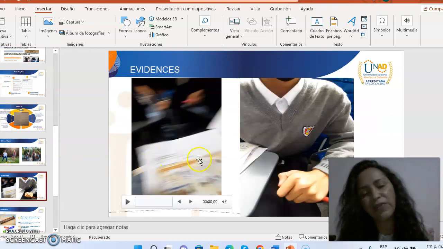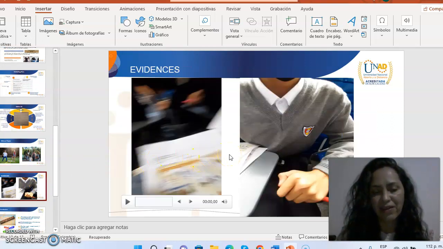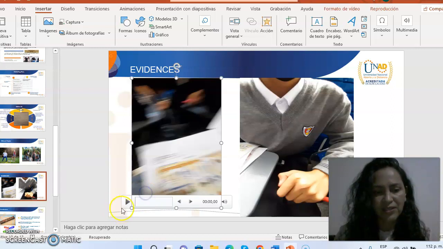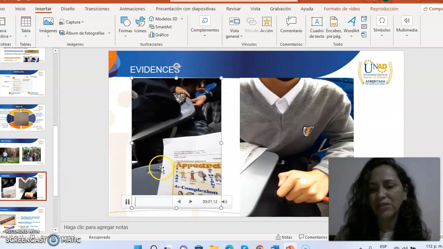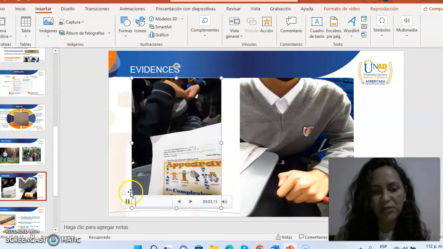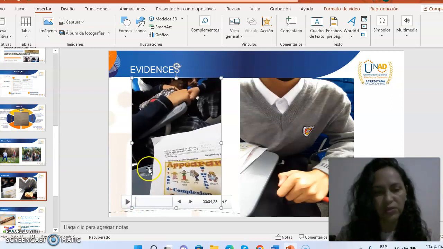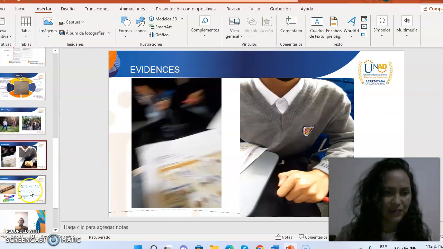Here in this part you find different evidence, but it's possible that you heard or listened to this audio, because I don't know what happened, but here you can see the students. It was excellent for them to try to expand their answer using images and expressing a lot of things.